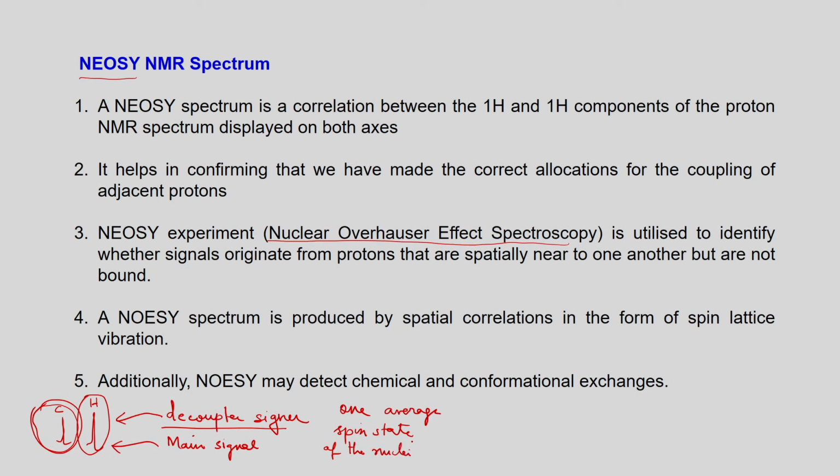Because of this, how far it is magnified is given by this formula: NOE max is equal to half of the ratio of the observed frequencies, that is, the nucleus being irradiated to the nucleus being observed.